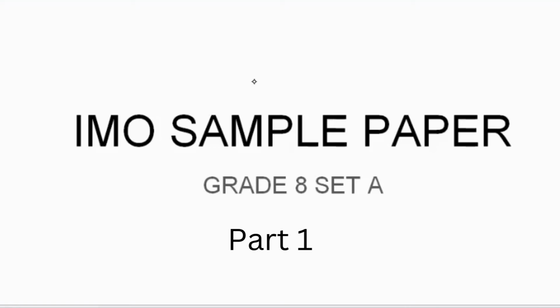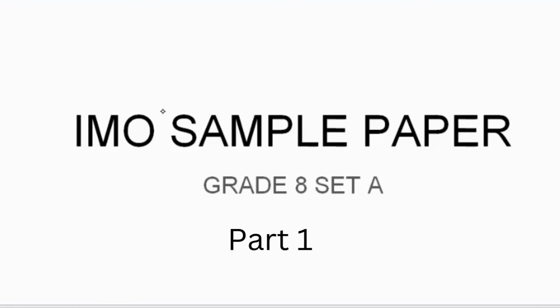Our last section is the achiever section, with 5 questions, and each question carries 3 marks. In total, we have 50 questions, and the total marks of the entire sample paper is 60. Understood? Let's see what type of questions we are going to have in this paper.